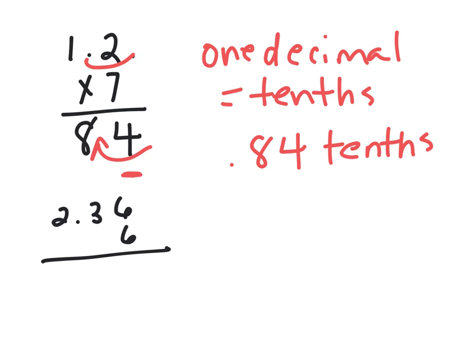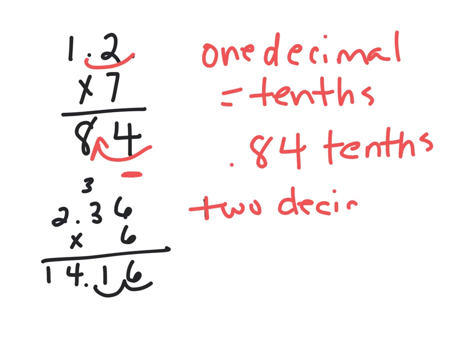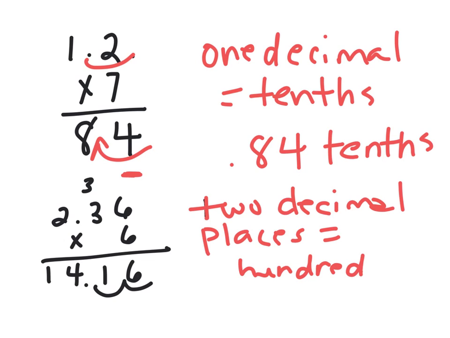Let's see, I don't know if I said this. 2.36 times 6 is the next one. On this one, our answer is 1416. We had 2 decimal places, so 2 decimal places equals hundredths. So our answer is 14.16 hundredths because we have 2. Here we just had 1 and it was a tenth.